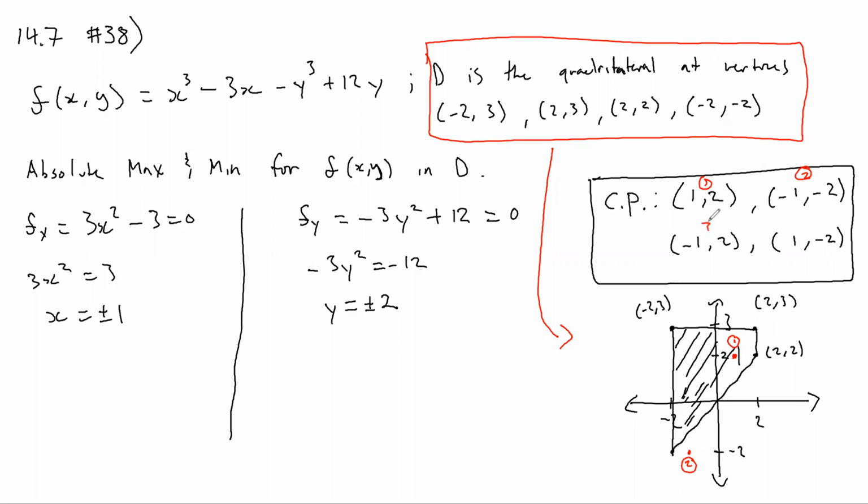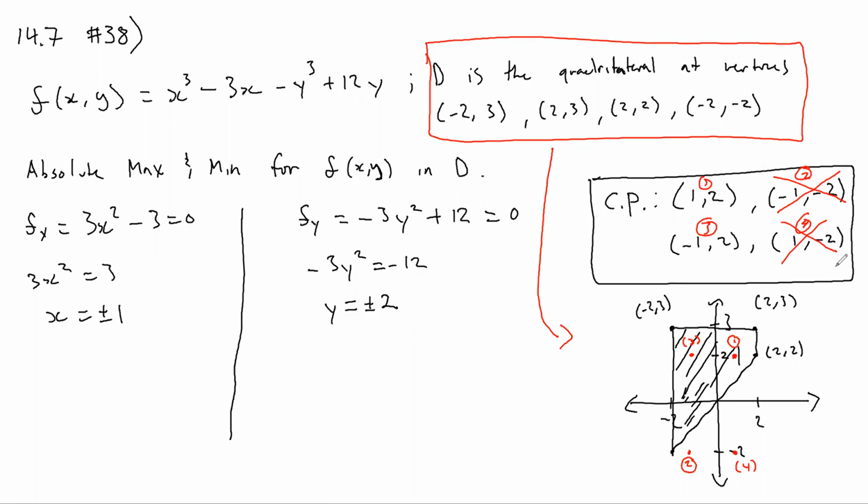Only 2 of the critical points are in the set D, or in the domain. This is 3, and 1, -2 is right there, 4. So we can only say that 1 and 3 are in the set D, and we're not even going to consider options 2 and 4 as a possible max or min for f of x, y in D.